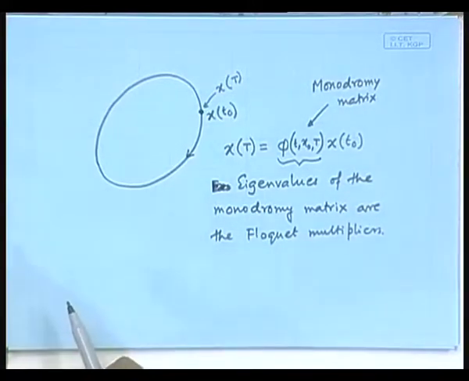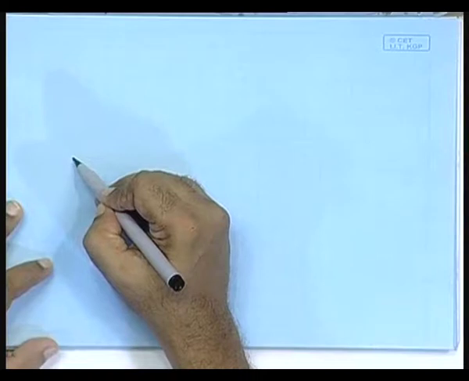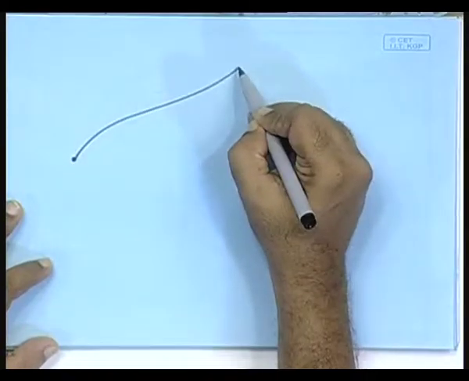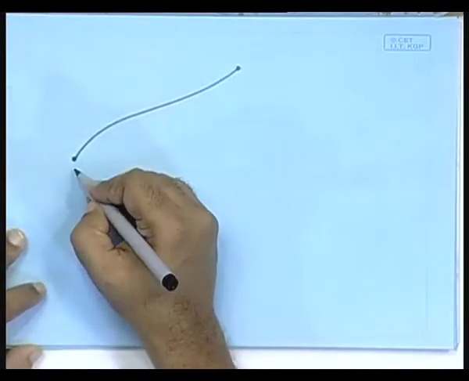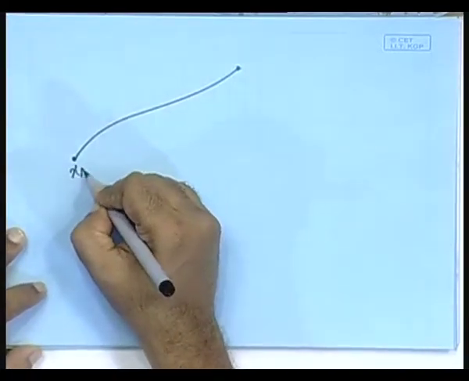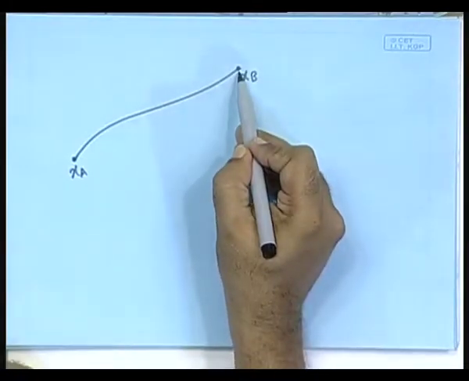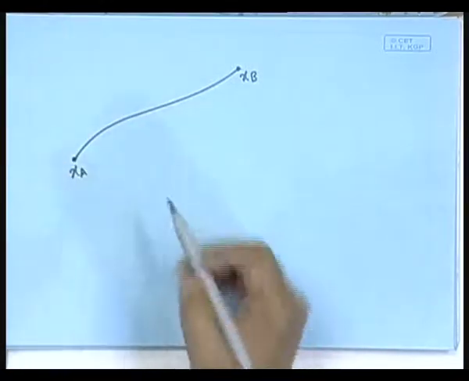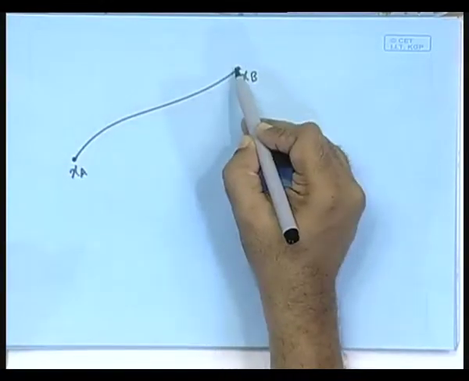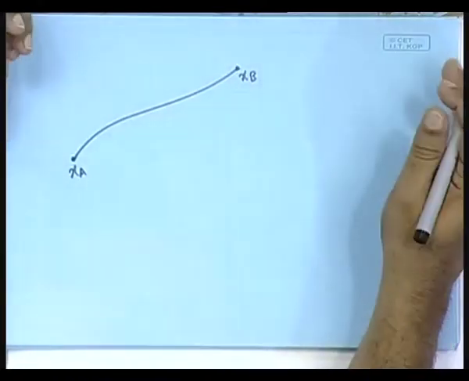Now, as we have said, if you are evolving something from here to this point, say I have x a and here I have x b, then x b when expressed in terms of x a is x a pre-multiplied by the state transition matrix. That is how we understand it in standard control theory.